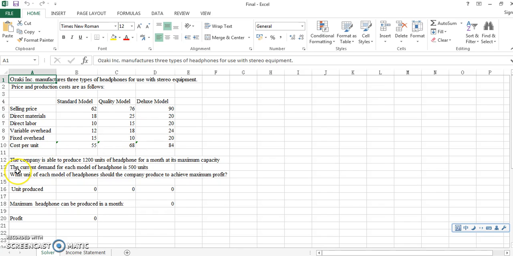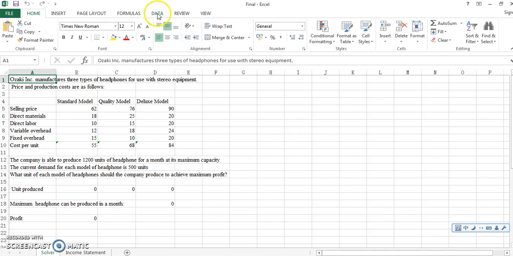The second one is that the current demand of each model of headphone is 500 units. As you know, profit is the objective of every company. So what units of headphones should the company produce for each model in order to achieve maximum profit?